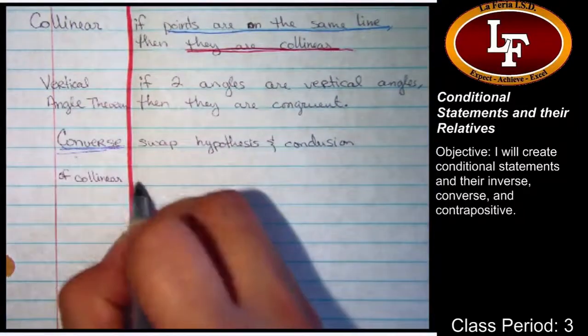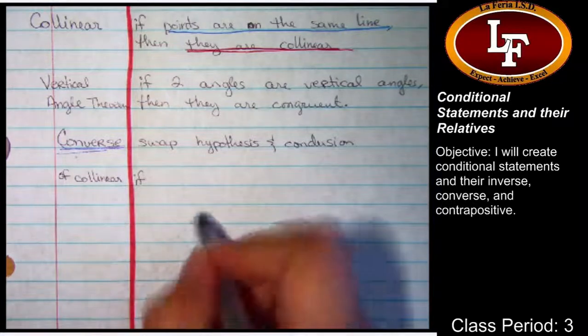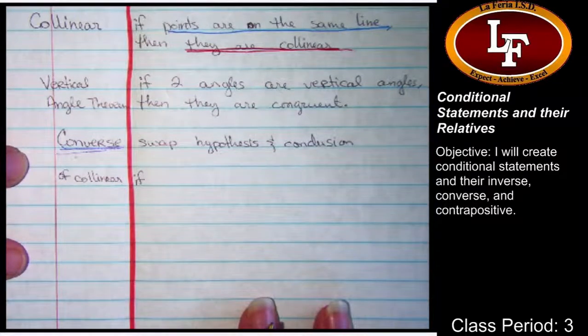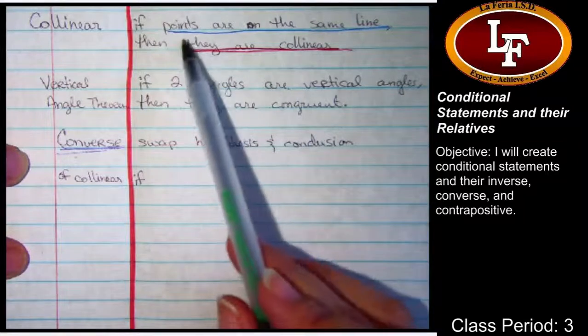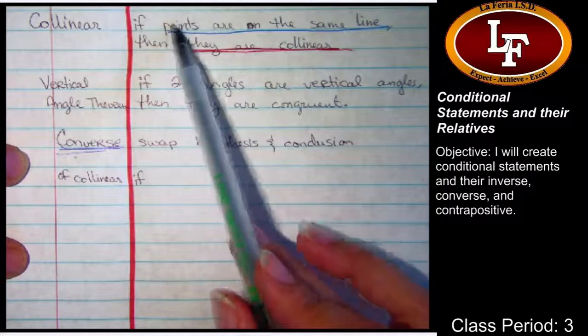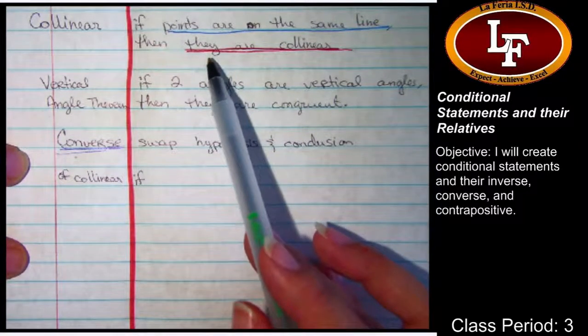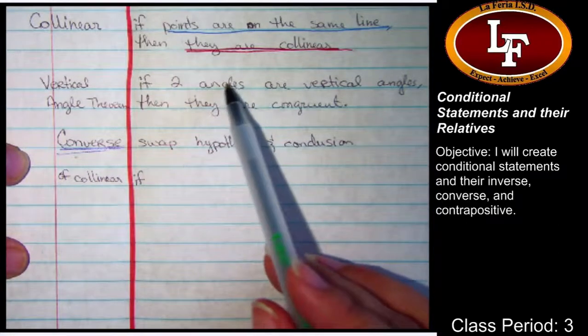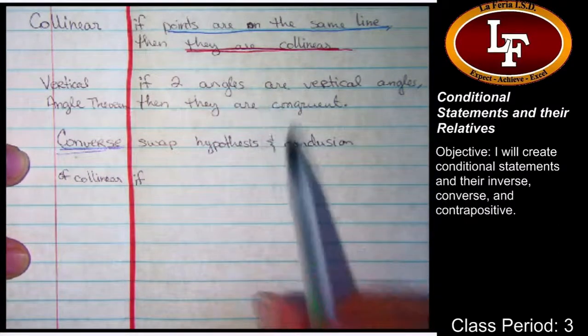If what are collinear? The lines? The angles? Look at the original hypothesis. The points are collinear. So if points are collinear, then they're on the same line.